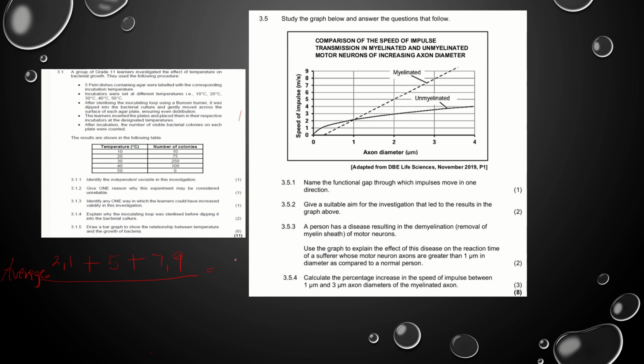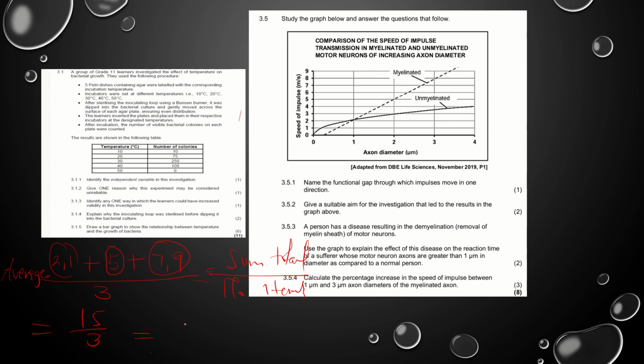Then if you're calculating average, we said average is equal to sum total divided by number of items. That's what we agreed on. So how many items? 1, 2, 3. So you divide by 3. Then check what is the solution there. 2.1 plus 5 plus 7.9 gives us 15. Divide by 3.